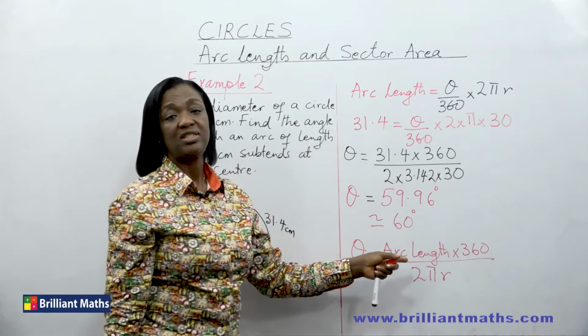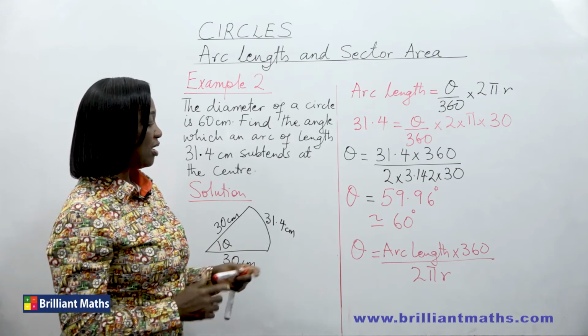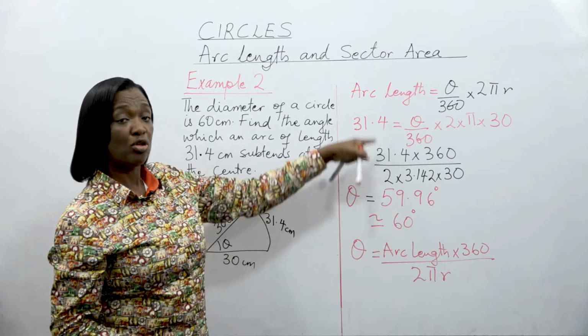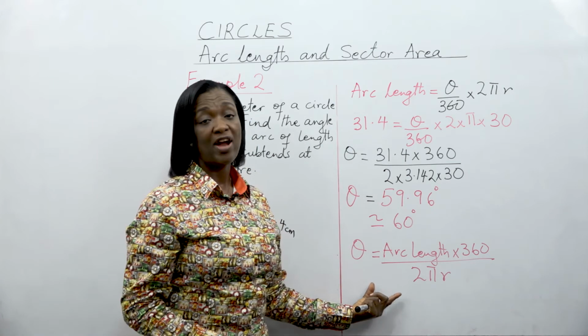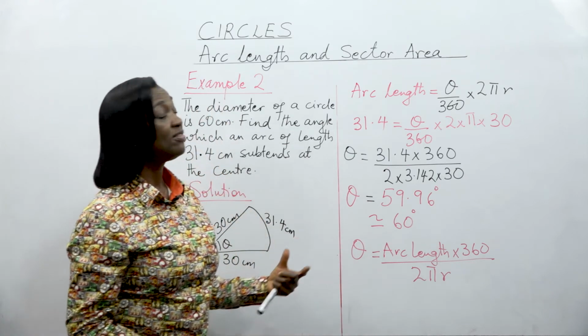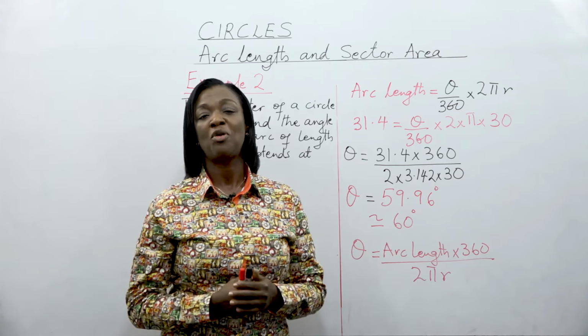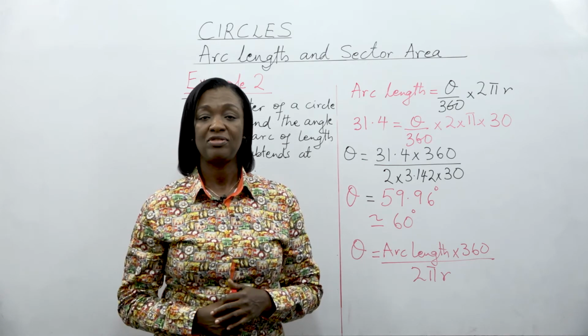So you can use this as a formula and solve without having to go through the steps. But I had to go through the steps so that you understand. But this is a direct formula for finding theta when you are given the arc length. For more examples, get a copy of Brilliant Maths Module 4. You will find it very useful.